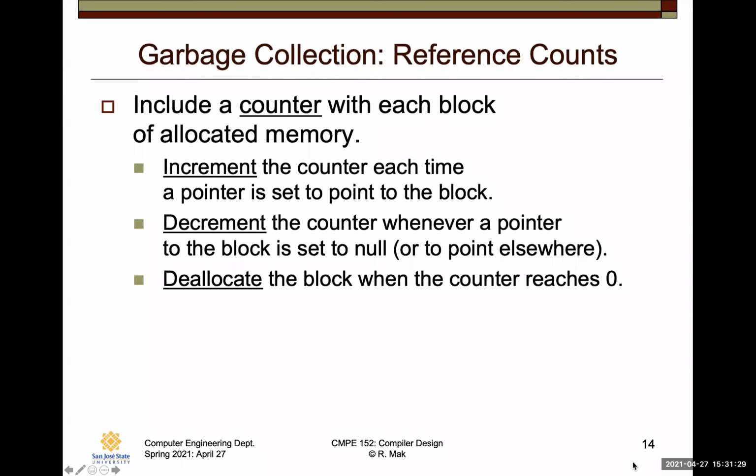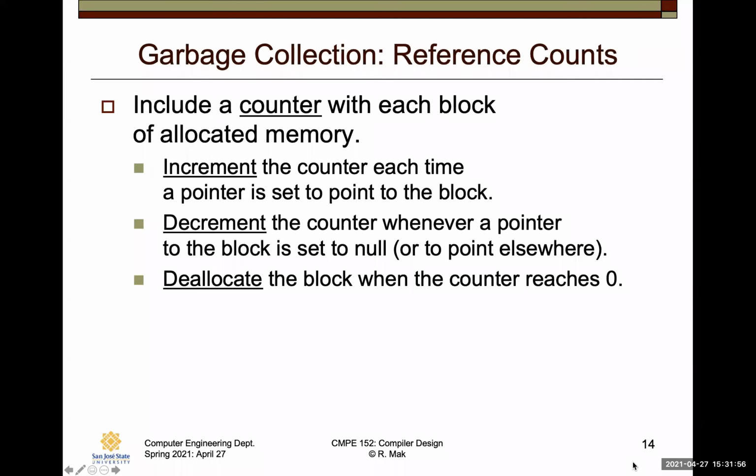Now every time you have a pointer point at that object in the heap, you increment the count. So presumably when you first create the object in the heap, it would have a count of 1 because when you create the object, you're going to set a pointer to it. And later on, other variables may end up pointing at that object. So each time that happens, you increment the reference count.